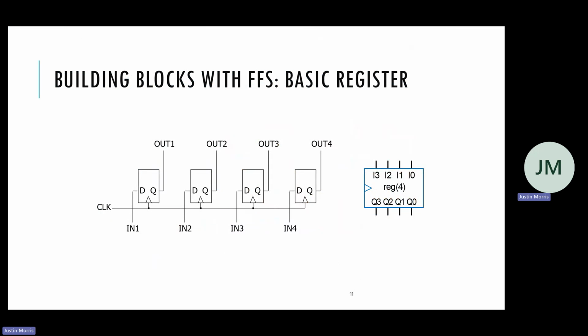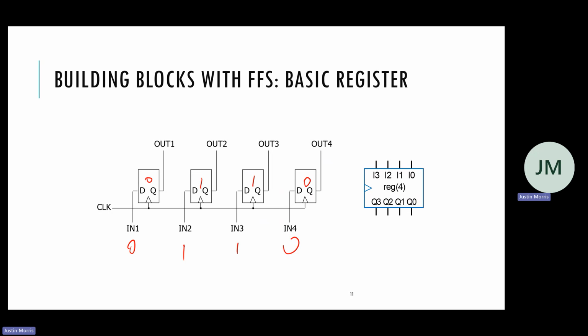So here is the first thing that we can use these flip-flops for. We can use them as registers. So if I have 4 flip-flops like this, and I change the input to say 0, 1, 1, 0, positive edge clock, it'll store 0, 1, 1, 0. So I can store multi-bit inputs, right?